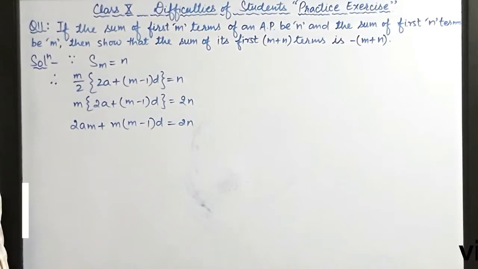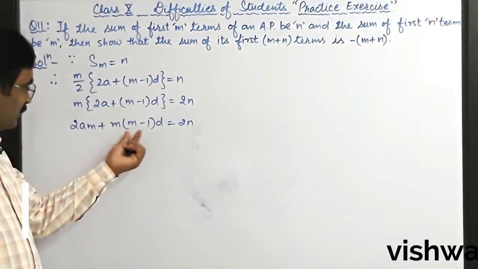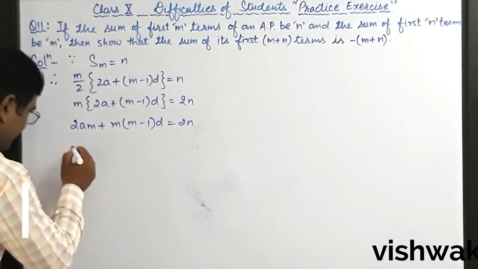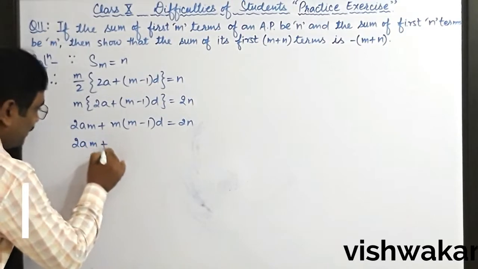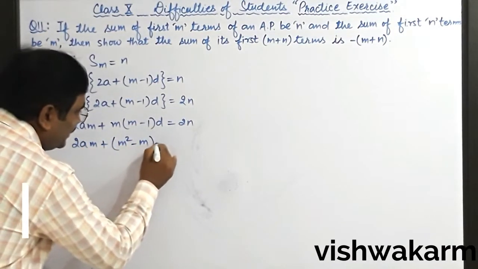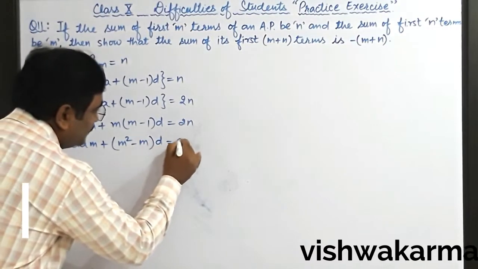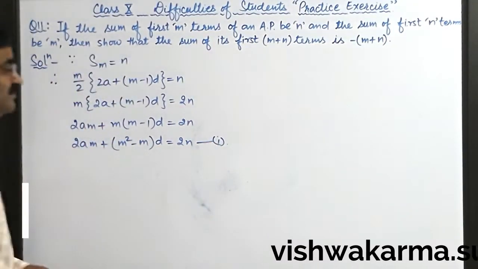Pratham, look carefully, and if there is any problem tell me; do not forget to comment in the comment box. Afterwards, in this bracket you have to multiply by m. It can be written as 2am plus m square minus m into d is equal to 2n. Say this is equation number 1.